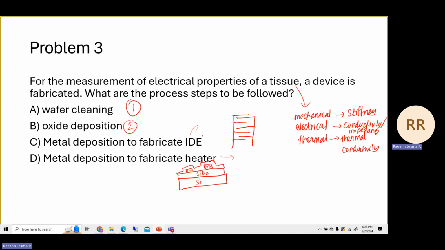That will be the fourth step. And then in the final step, we will do metal deposition to fabricate the IDE. So that is the final step. So if we look at the stack, we will have the IDE at the top.